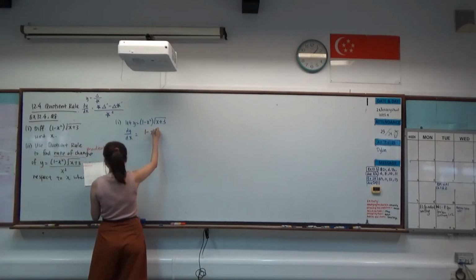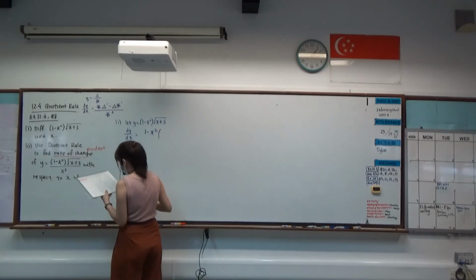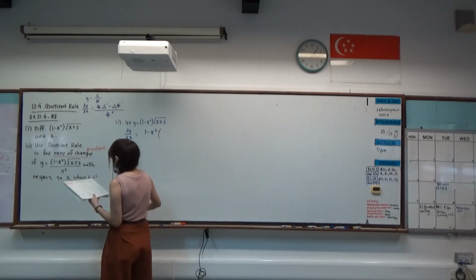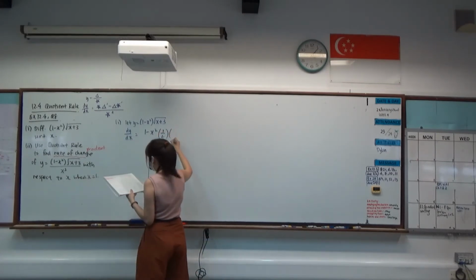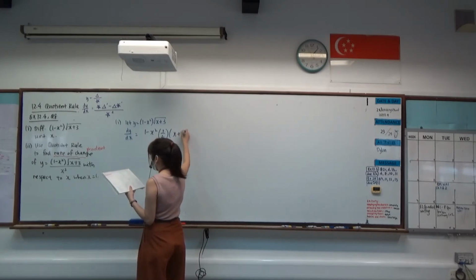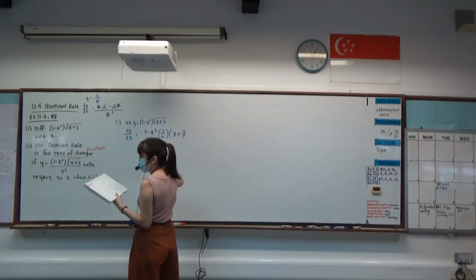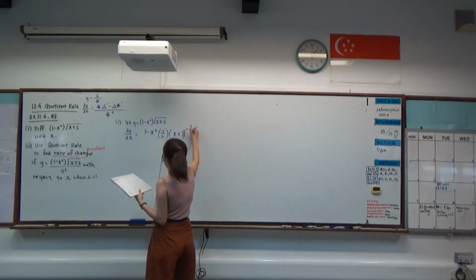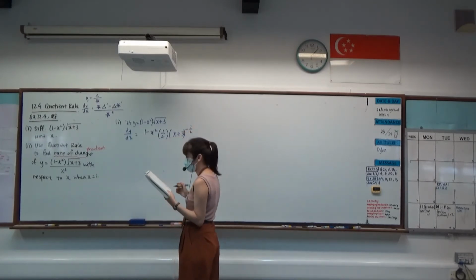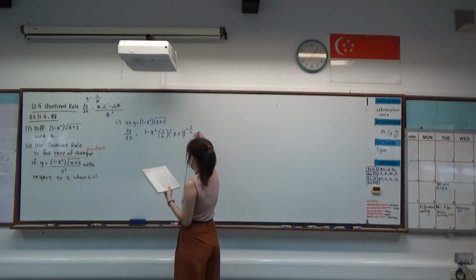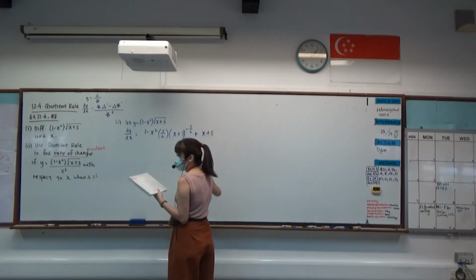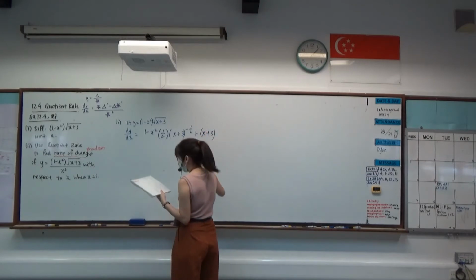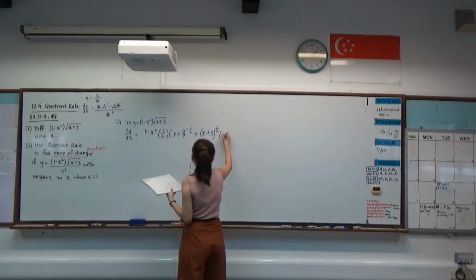One minus x squared, bracket, let's bracket half, bracket, x plus 3 to the power of negative half, then plus, sorry, of x plus 3, brackets power of half, and negative 2x.